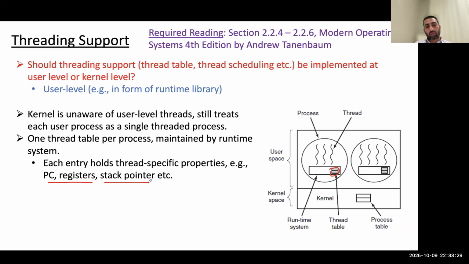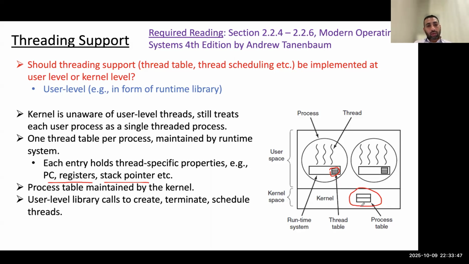For example, PC, general purpose register, and stack pointer. So a user library or runtime can do that. However, kernel still maintains a process table where we have one entry, a process control block, for each process currently on the machine.